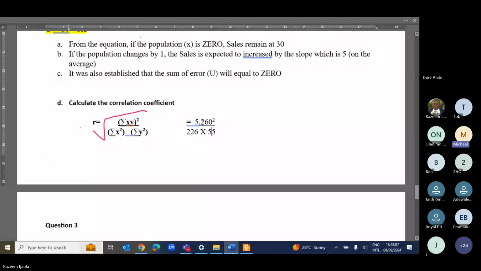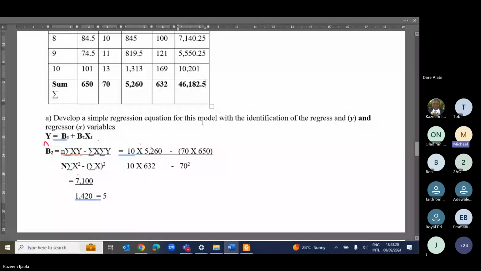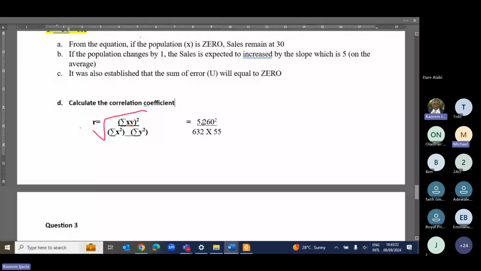Then what's our y square? Y square is 46. So what is the answer now? We'll do the square root of the answer.